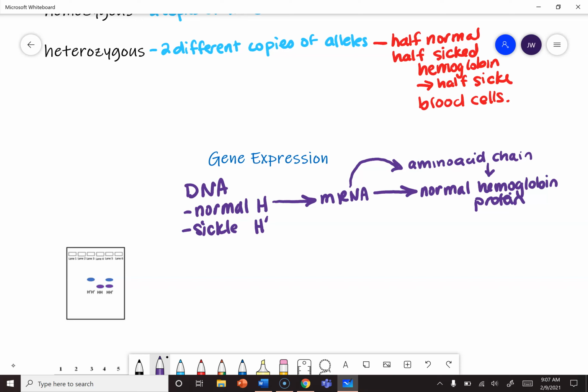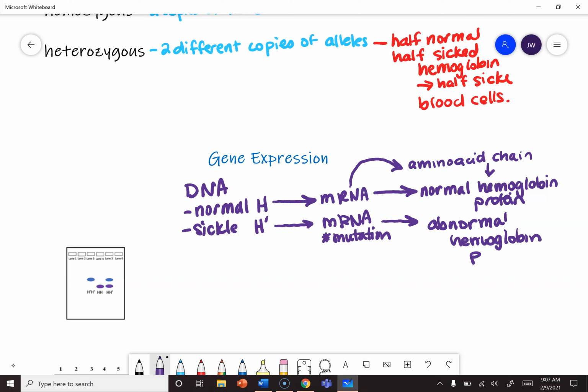If we start with our sickled hemoglobin, we still produce a messenger RNA, but that messenger RNA is going to be a little bit different. It's going to have a mutation, or a change in the DNA. We'll look at that mutation later in this lab. We'll see what actually happens to go from normal to sickle cell. Now that mutation is going to then produce an abnormal hemoglobin protein.